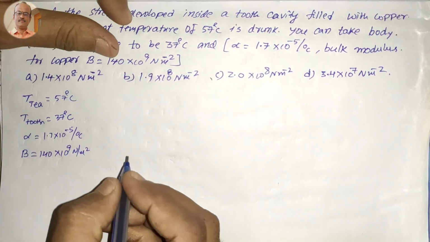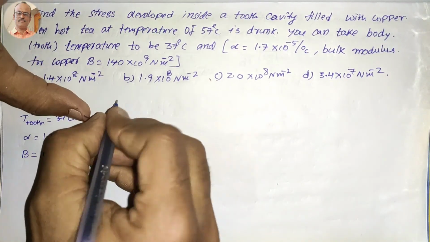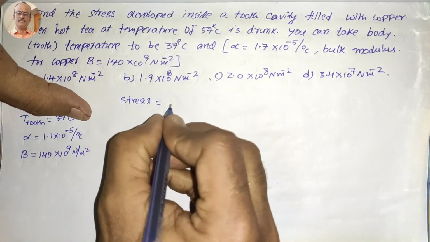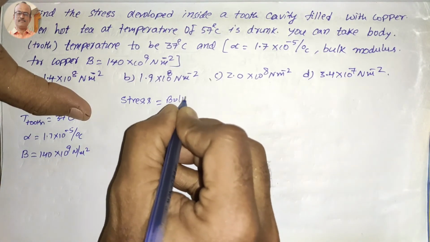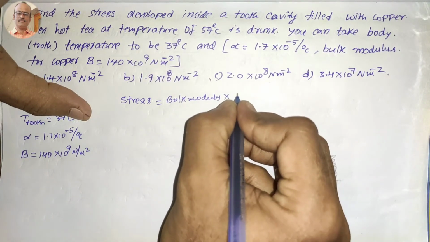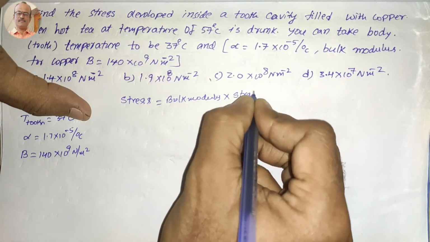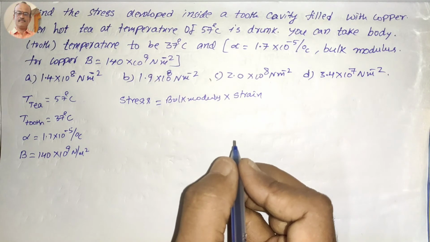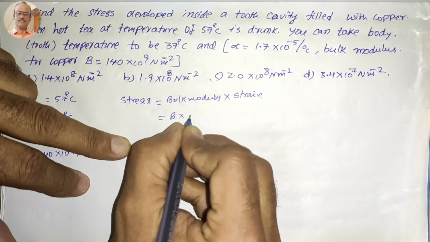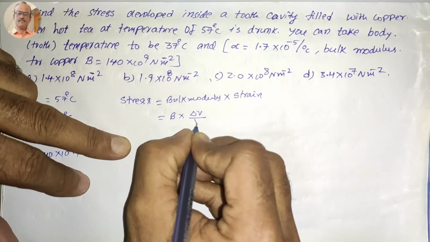But here which one do we want to calculate? Stress required. So that means here stress is equal to bulk modulus into strain. So bulk modulus is equal to stress by strain. So here bulk modulus B and strain delta V by V.